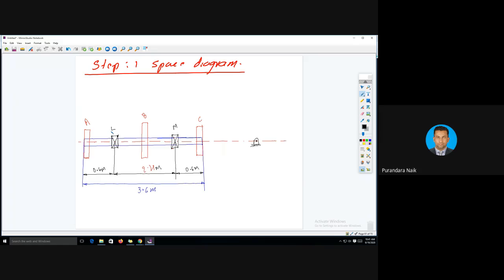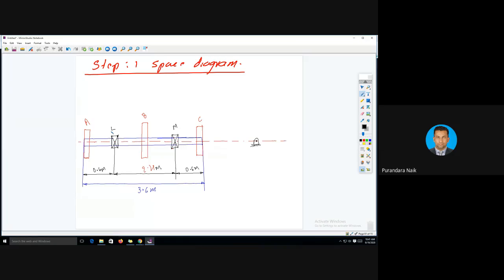The students who have backlog from the last few years, at the time of the backlog exam, they'll call and ask, sir, why is the reference plane different in both cases? You have taken reference plane as A in the space diagram and B in the tabular column. Why is it different, sir? So don't get confused.